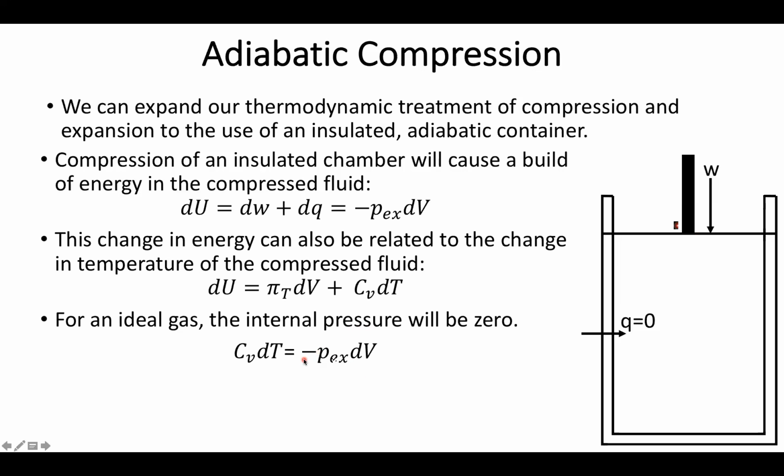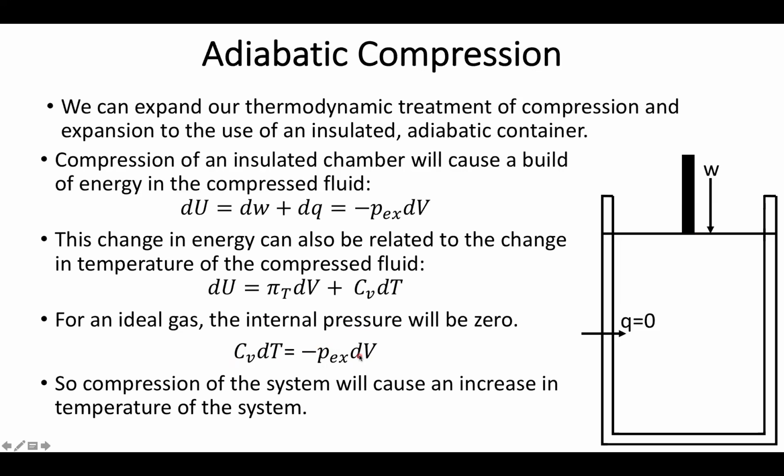So this whole term should be positive: negative, positive, negative. My heat capacity is positive, and that means that my change in temperature is positive. This tells us something that we intuitively grasp: if I compress a piston and I don't let the heat escape, then all of that energy is going to build up inside my system as an increase in temperature.